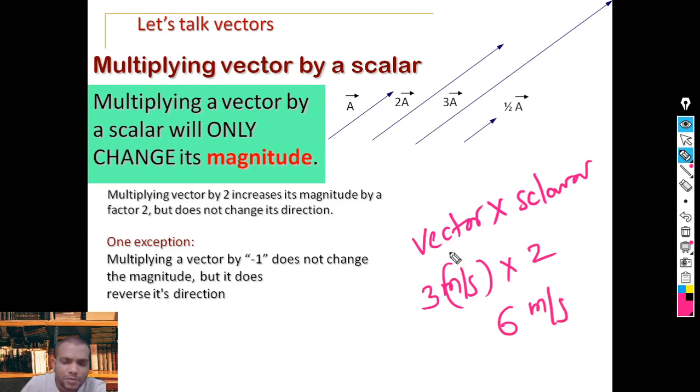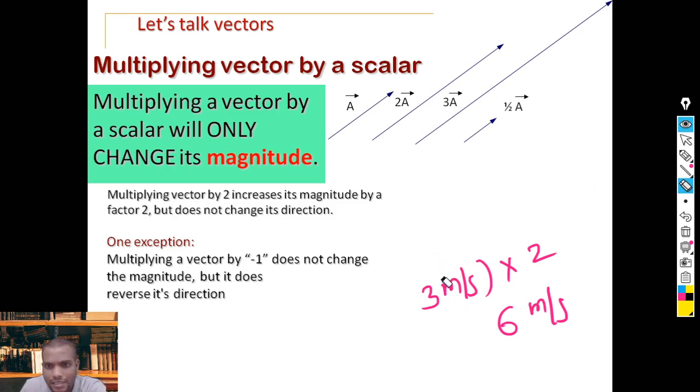If you take the 6 meter per second as a vector, its magnitude will increase. If this is 3, the next vector becomes double, so I need to draw twice the length of the vector. So this is 6 meter per second. So we can multiply a vector with a scalar. Then the direction of the vector won't change, but its magnitude will change.